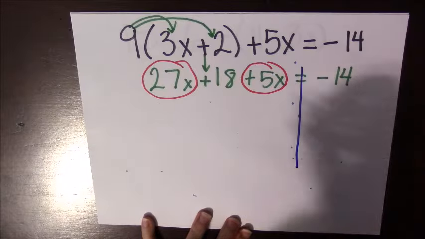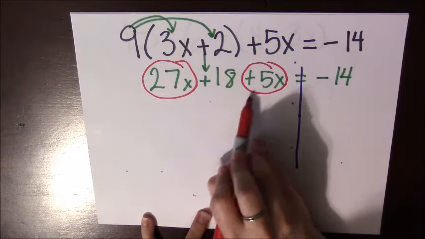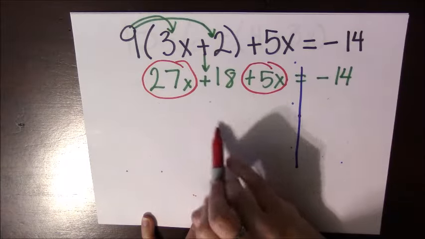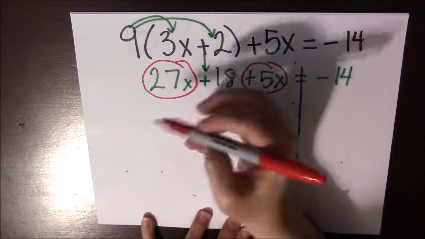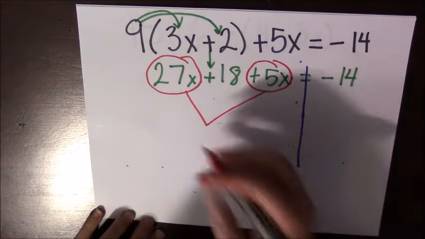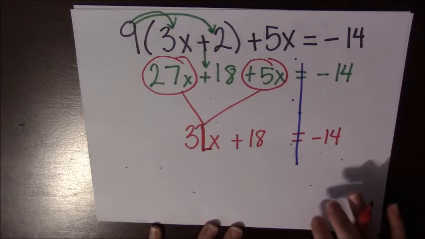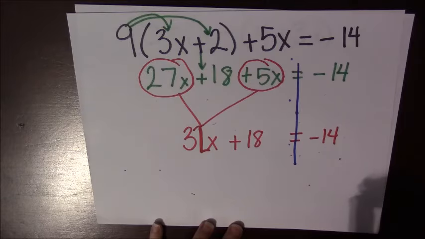Now, we have two terms that have been circled, so they can be combined. They're like terms, so we combine them together. They both have x. So now we do 27 plus 5, which is 32, so 32 times x plus 18 equals negative 14.